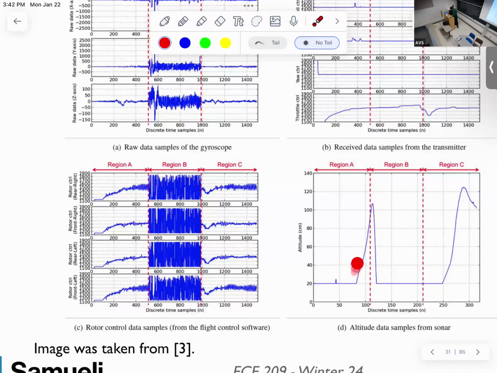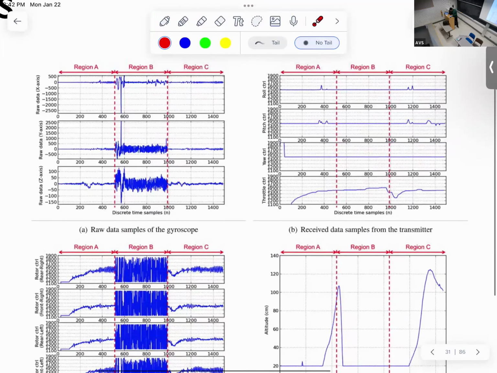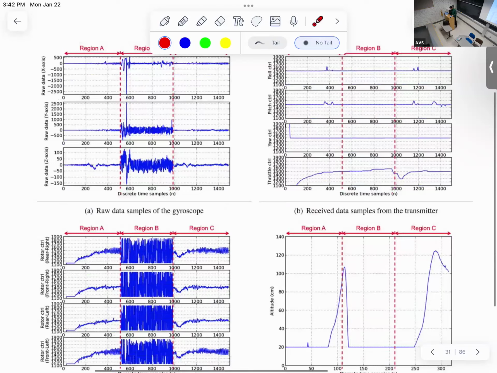And then the interesting thing is this is the altitude of the drone. It was going up until the moment where the attack started. So you see a sharp drop, the drone going down and actually hitting the ground. And yeah, this is the transmitter. This is where they actually send these signals.